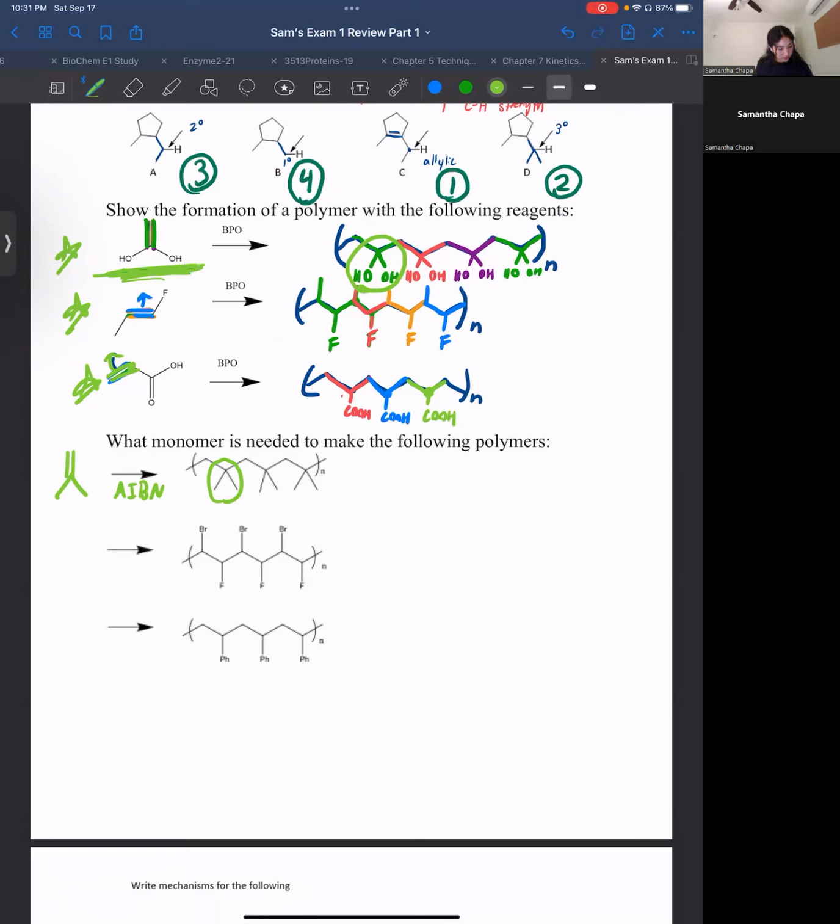Let me see. I know there's another one that we use. Okay. Another one that we can use is BPO. So don't be confused when you see either one of those. You can use AIBN or BPO to make a polymer. So this next one, I'm going to use AIBN. This unit looks like this unit. So I'm going to have to draw a monomer similar to this one right here. Something trans.